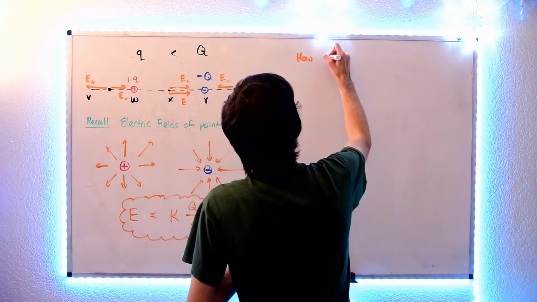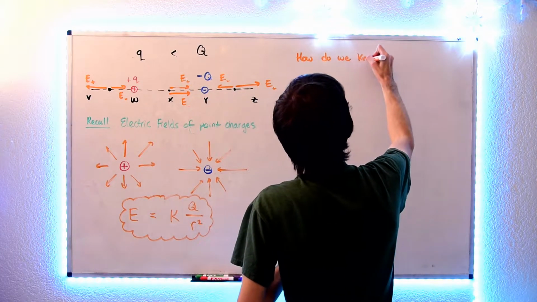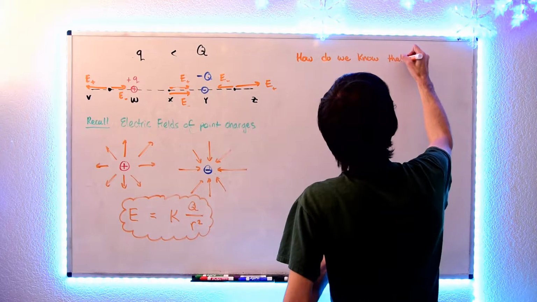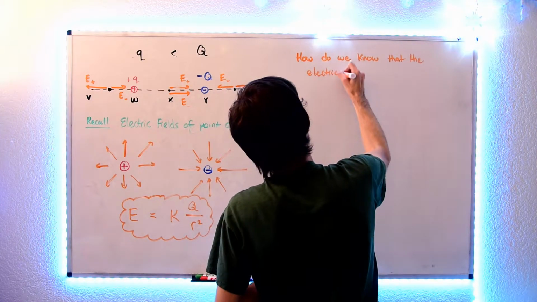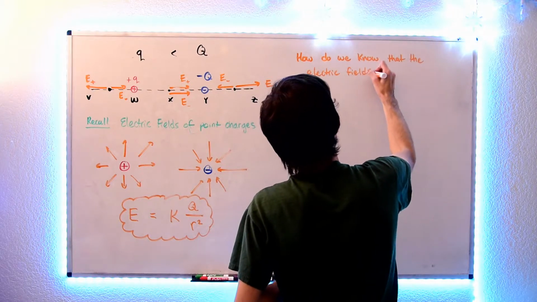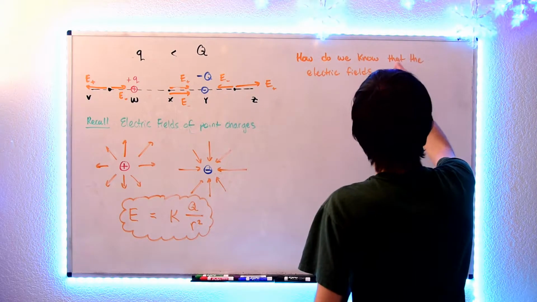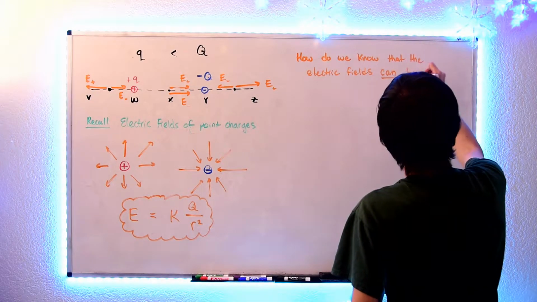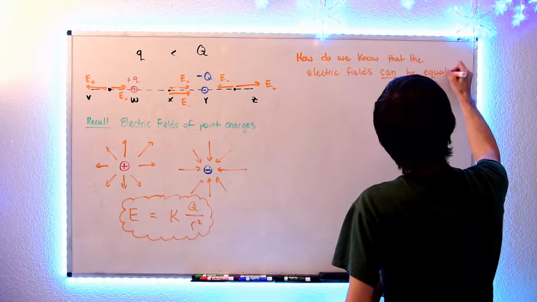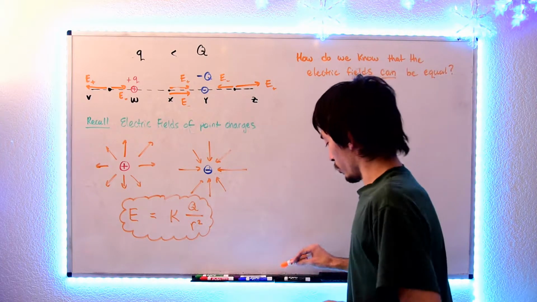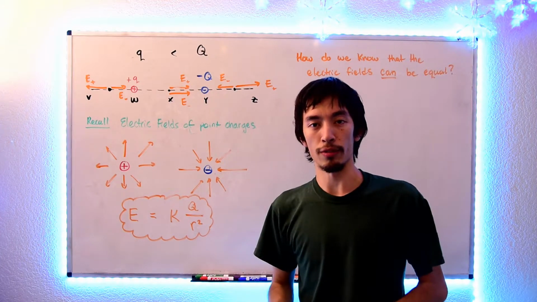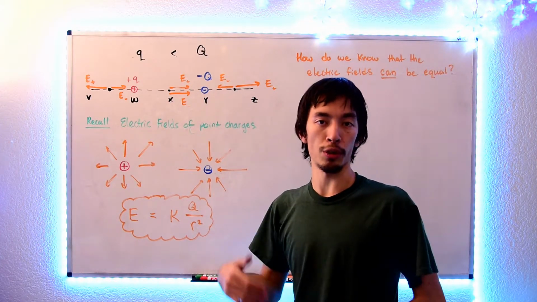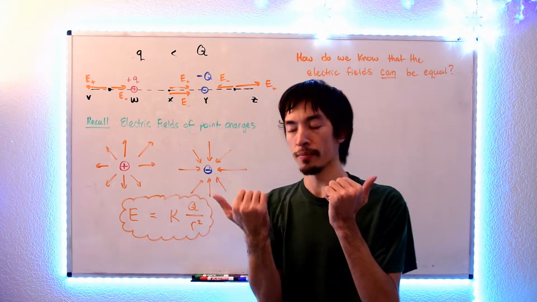So how do we know that the electric fields, let me rephrase it slightly, can be equal? Okay, so the magnitude or the size of the electric field that we're trying to show is equal for each of the ones that are opposite in direction.